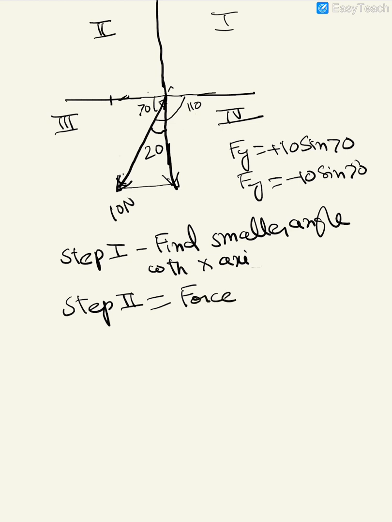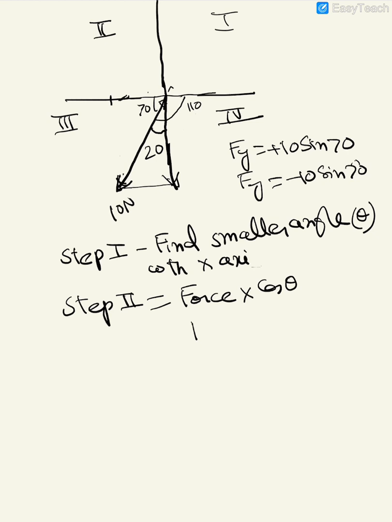Step 2: force into cos theta, where theta, let's say, is the smaller angle. Magnitude of force into cos theta will give you the magnitude of the force along x-axis. Then you decide the sign.